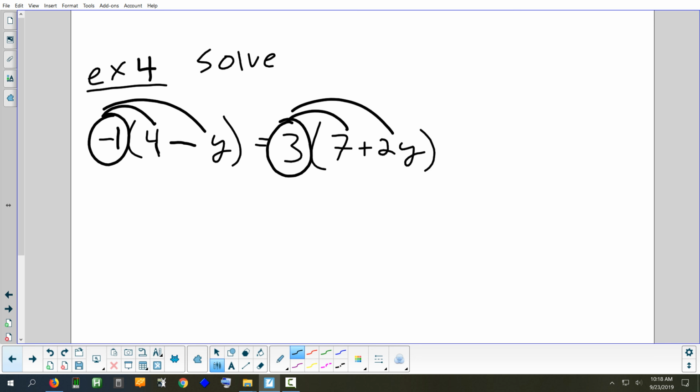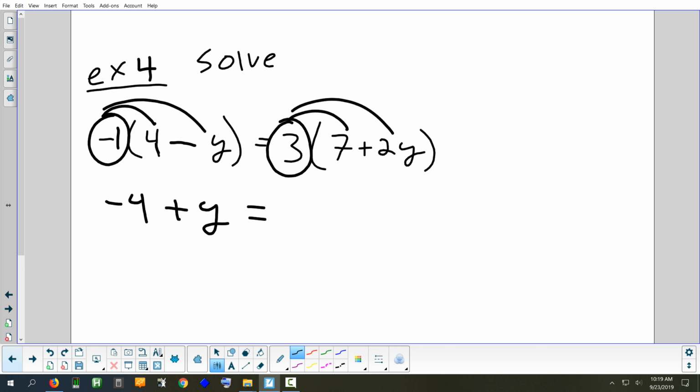Right, so I'll do the left-hand side, then I'll ask for some help with the right. So on the left, negative 1 times 4, negative 4. Negative 1 times negative y. A negative times a negative gives me a positive. All right. Anyone think they can tell me the whole right side?